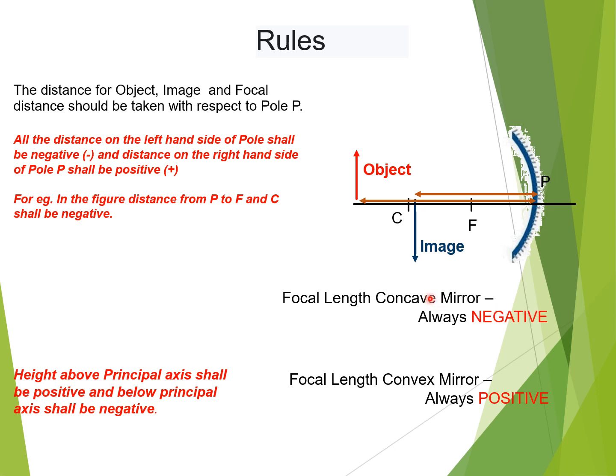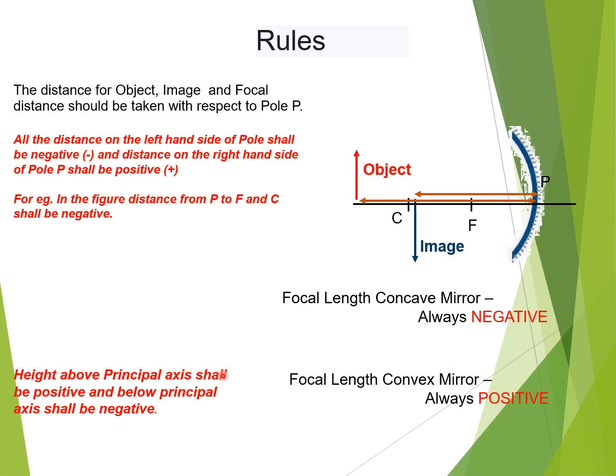We have seen that the focal length was always here on the left hand side, so it will always be negative. Whereas the focal length of convex mirror was on the right hand side, so it shall always be positive.